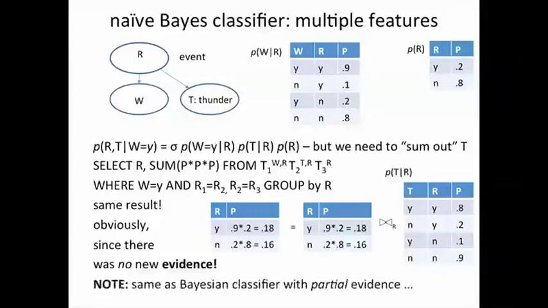So this is actually the same as a Bayesian classifier with two features, but only partially observed, that only one of them is being observed. So you could have millions of features and only observe one or two, and you'll still get the same result just by putting them in your classifier. The summing out process makes sure that this always works and you don't get any wrong results.